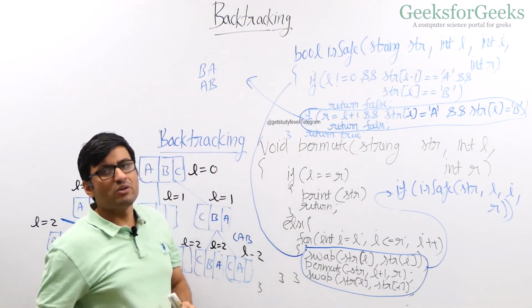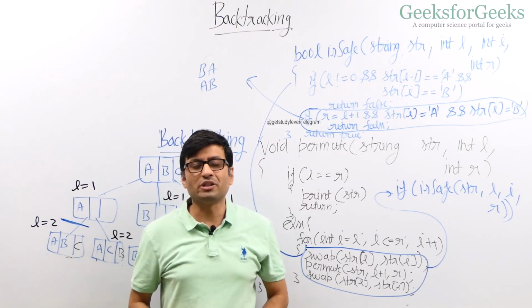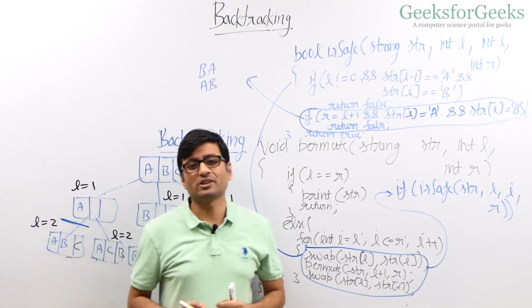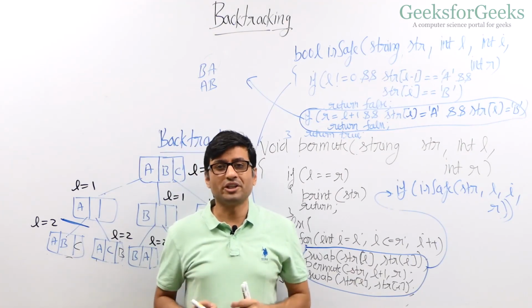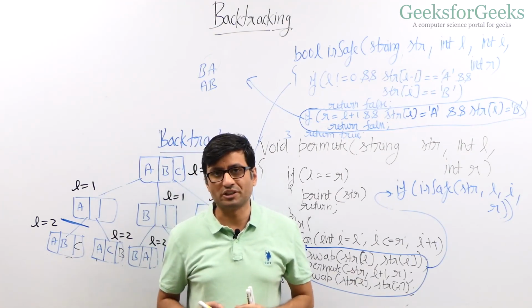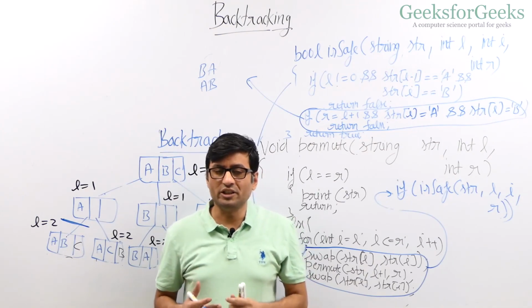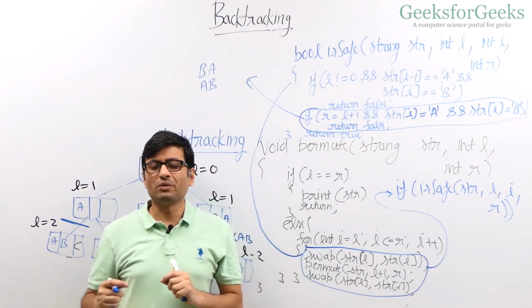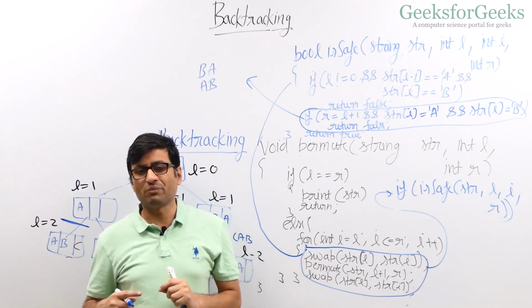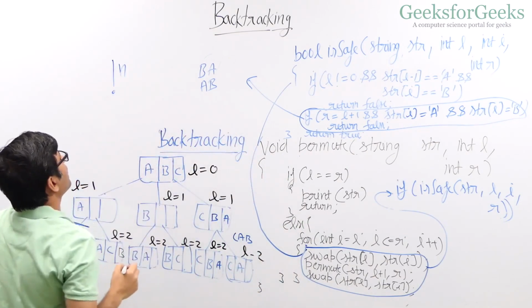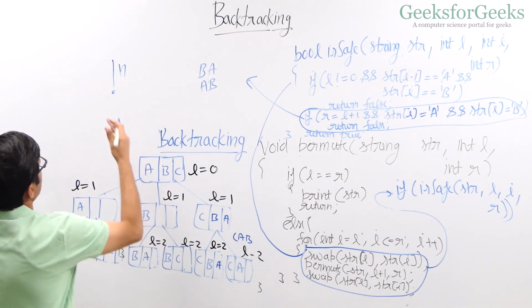So we've talked about a backtracking based solution for the original problem, which was that AB should not be a substring in any of the permutations, and we wanted to print all such permutations. So what is the advantage you get? In the naive solution, we were generating all factorial n permutations, and then for every permutation we were checking whether it is valid or not.